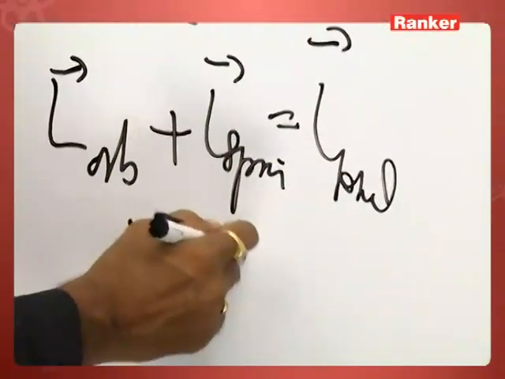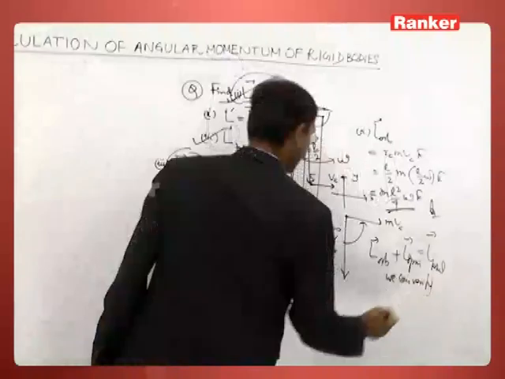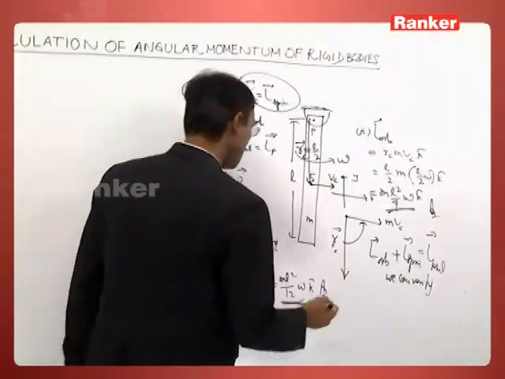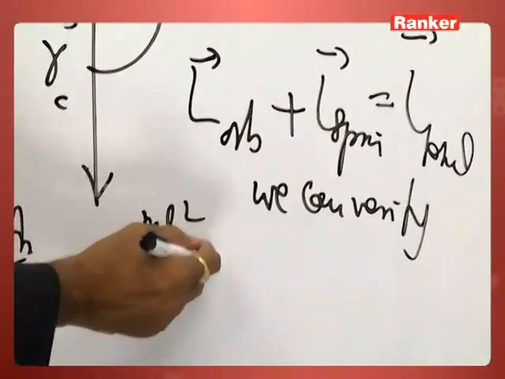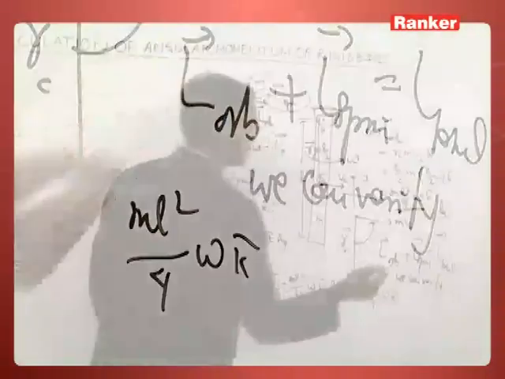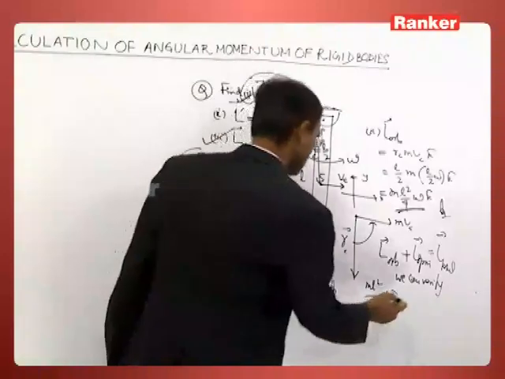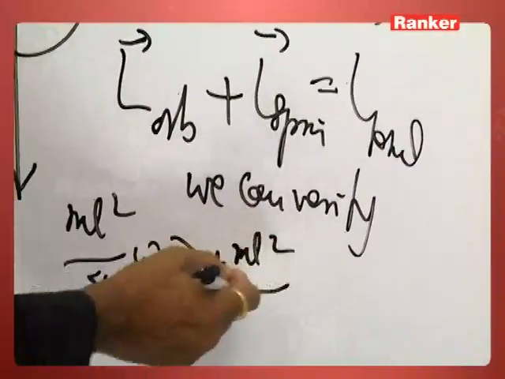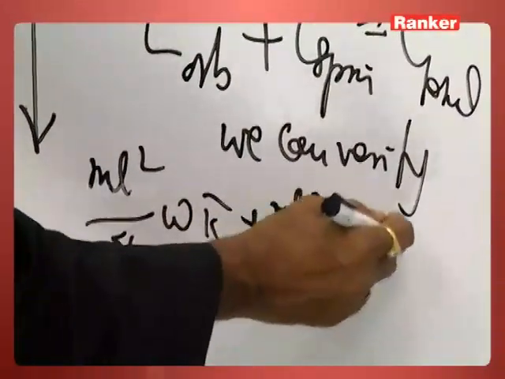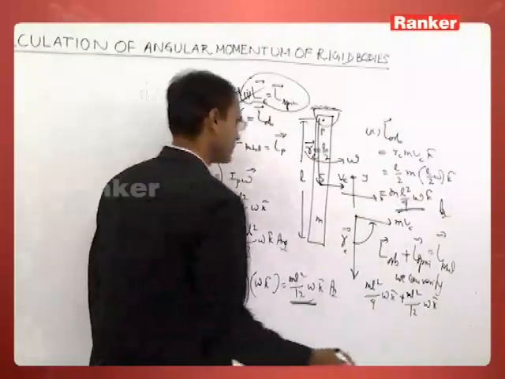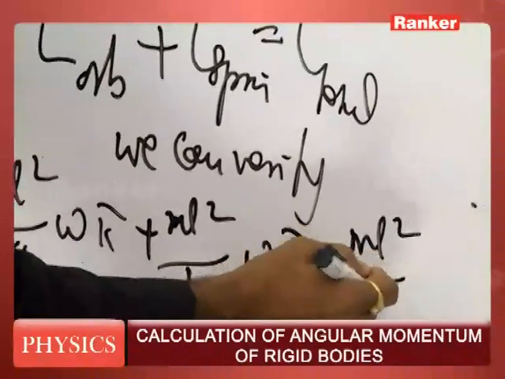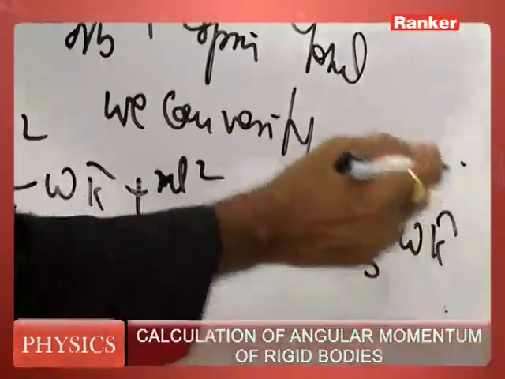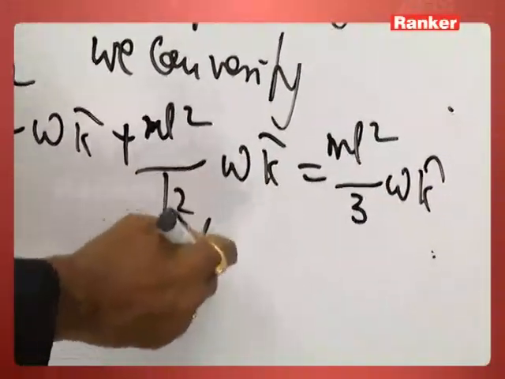L orbital is m l square by 4 omega, spin is m l square by 12 omega k cap, and that is equal to m l square by 3 omega k cap. Hence verified.